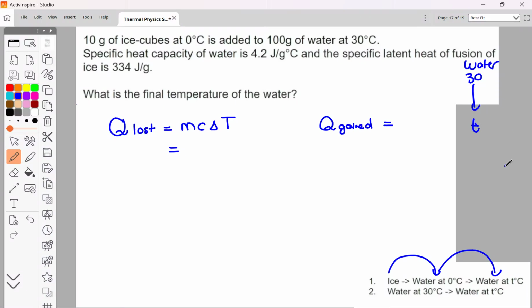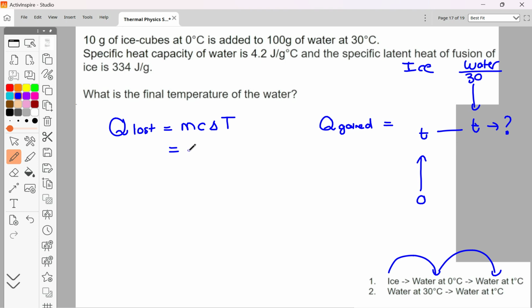Sorry, I'm scribbling roughly because I wanted to go a little bit faster. And then for the ice, it's going from 0 up to a specific temperature. So we want to know what this temperature is. That's what the question is asking us for. And if you do a little diagram like this for yourself, we can see that you know what you are doing.